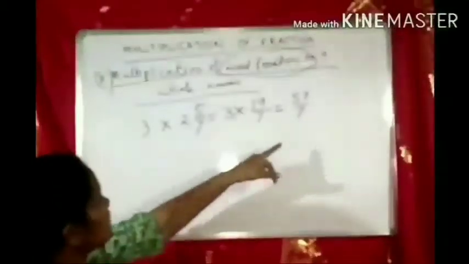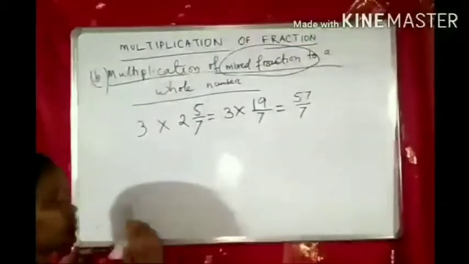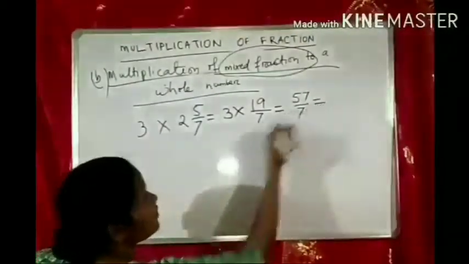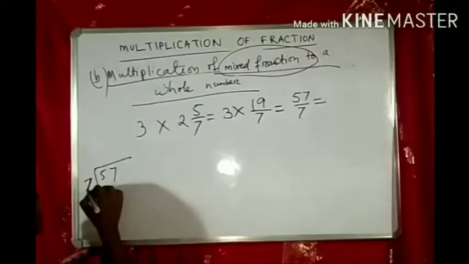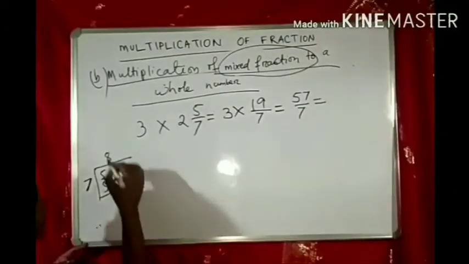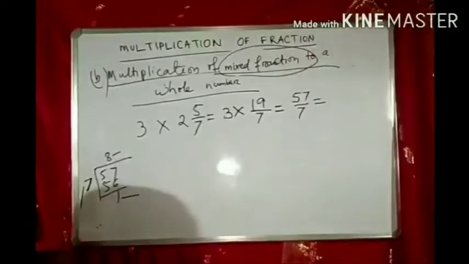So this is the answer, 57 by 7. This is again an improper fraction, so we have to convert it into a mixed fraction. 57 by 7. 7 eights are 56, remainder 1. So this one is quotient, remainder, divisor.